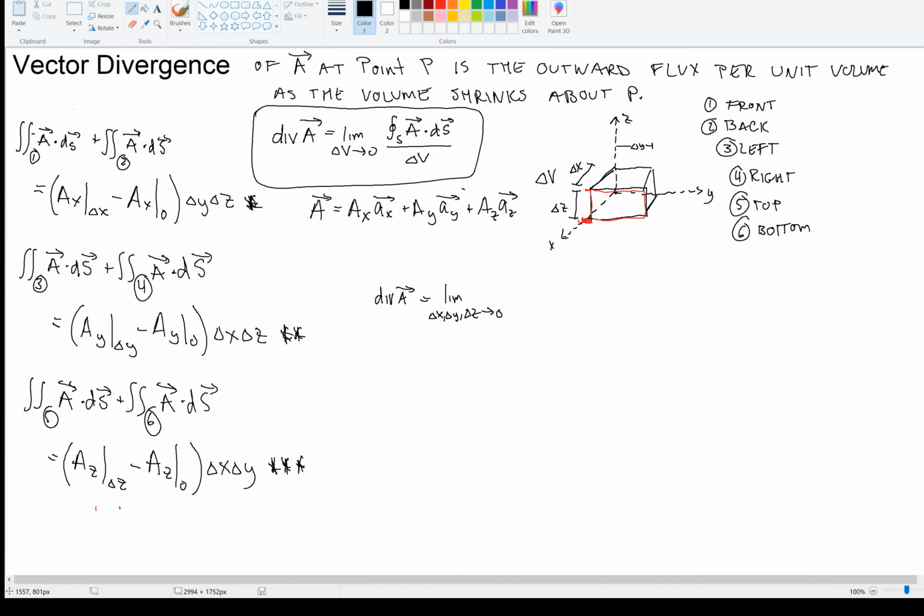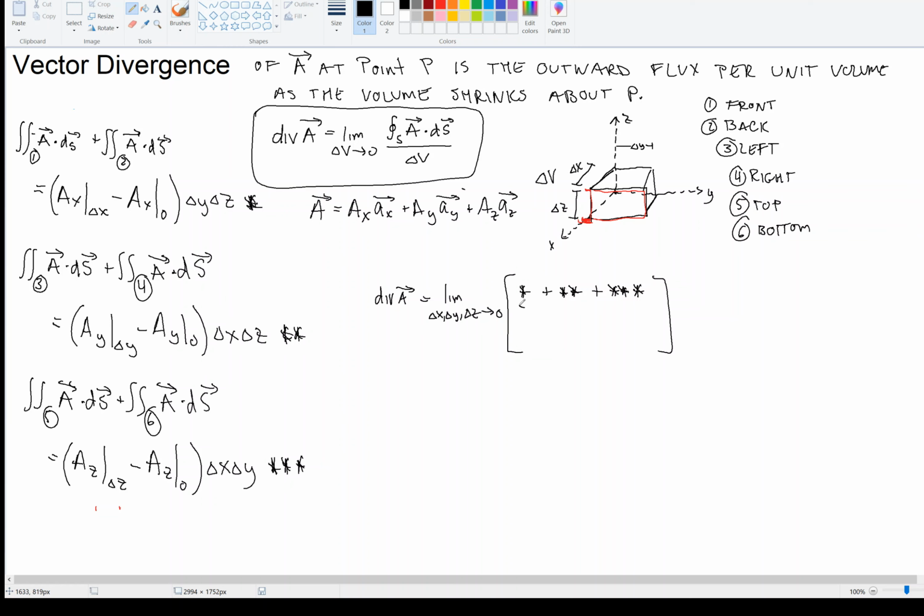The volume goes to 0 because the volume is delta x times delta y times delta z, of, and then I'm not going to rewrite it, but I'm going to put the asterisk here, plus second asterisk, plus third asterisk. Right? And that's just shorthand for saying this expression goes here, this expression goes here, and this expression goes here. We're adding up all of the fluxes through each surface to get the total flux.